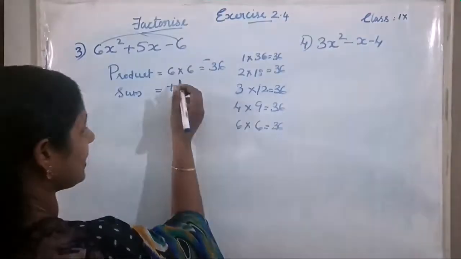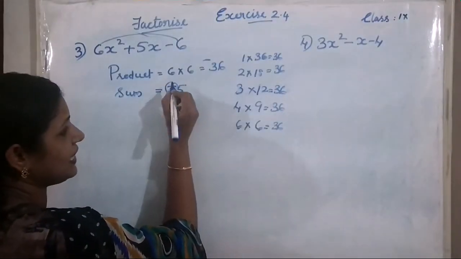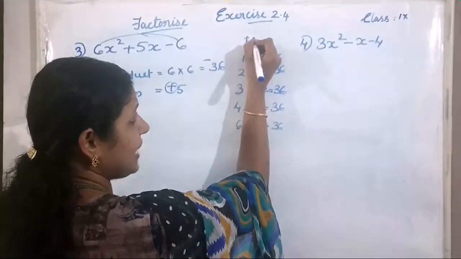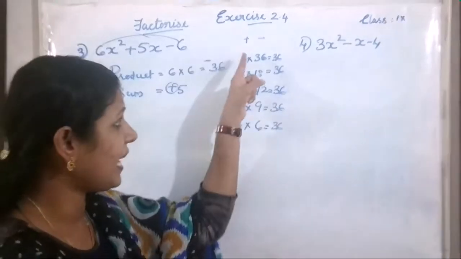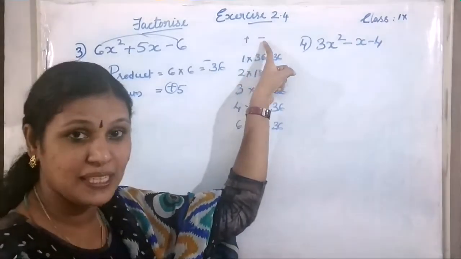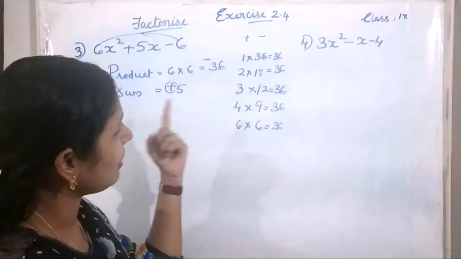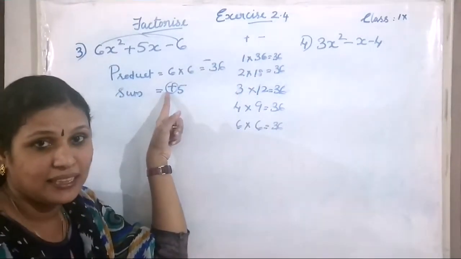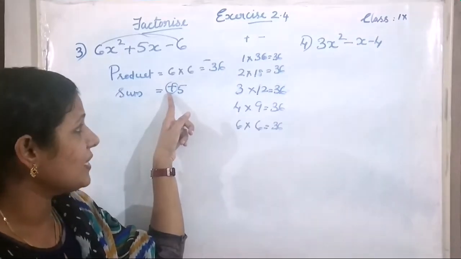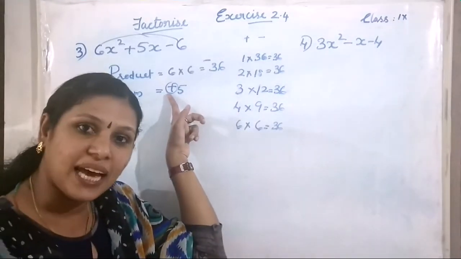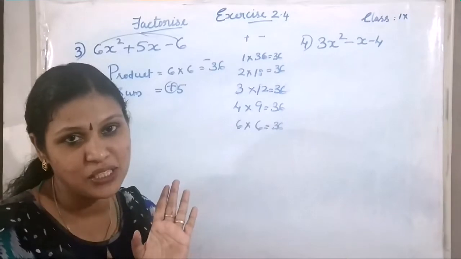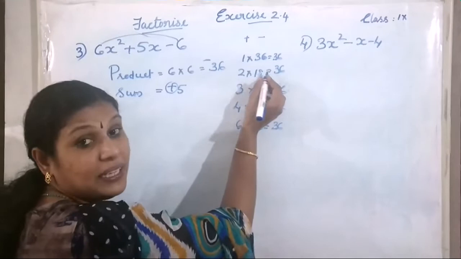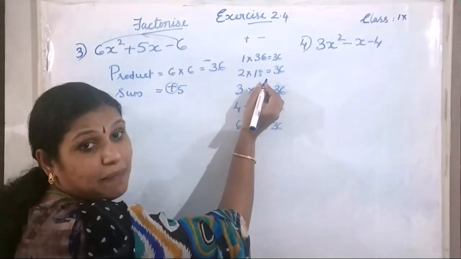For that we check the sum sign. The sum sign is plus, so the bigger number's sign is plus. Understood? The sum sign is plus, so the bigger number sign is plus.